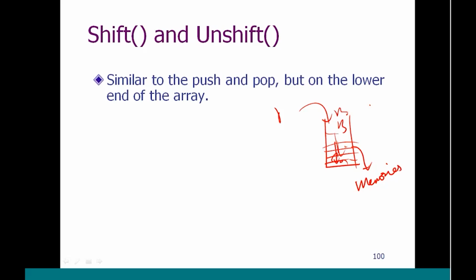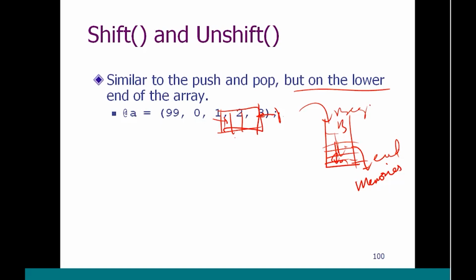So this is the beginning and this is the end. So everything is pushed to the end, and then the pop works the same way. Whereas a shift operation is on the lower end of the array, so the index of that will be the new index. We will see some examples here.